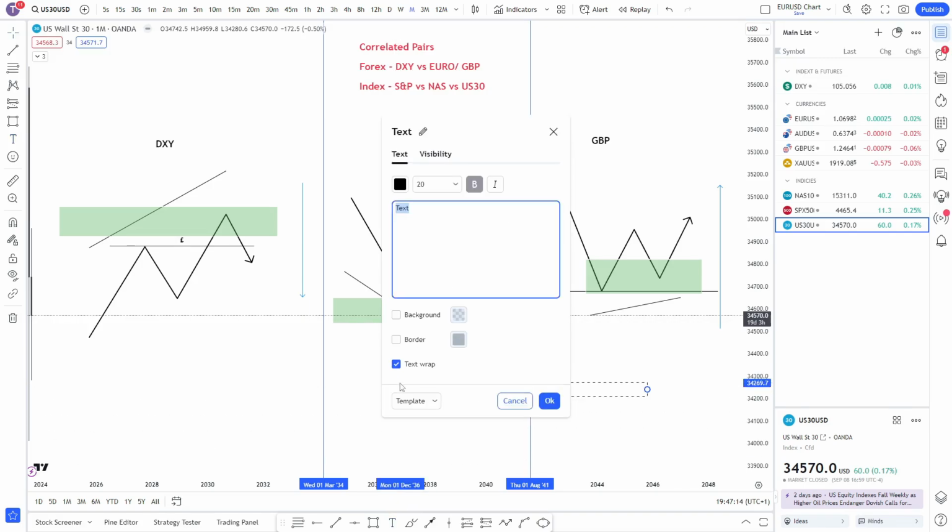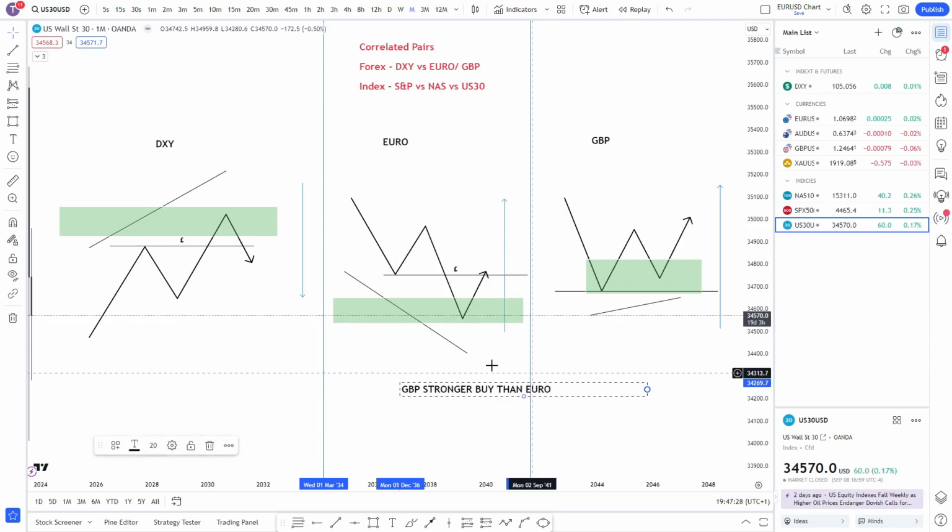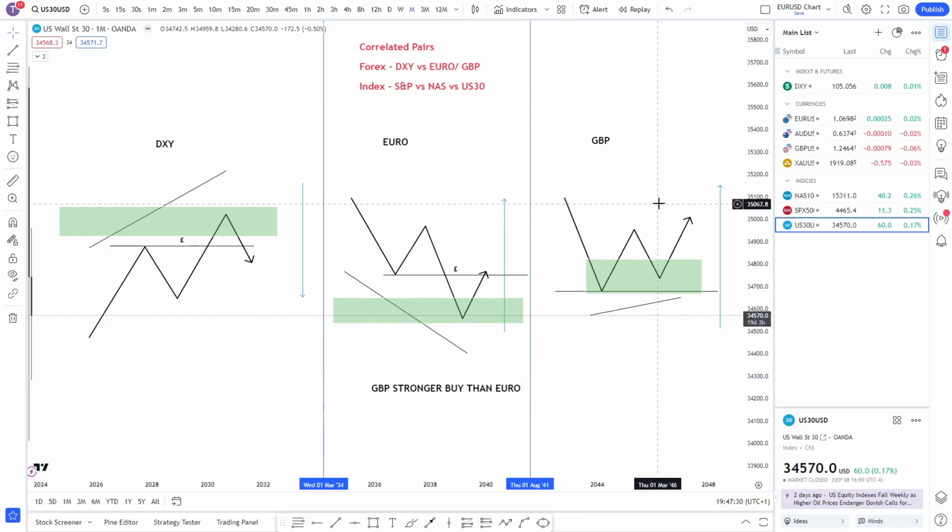But we have a crack in correlation, which means SMT is valid, which would mean here that the pound is a stronger buy than euro in this situation, because we are showing ourselves in that institutional accumulation to the upside.